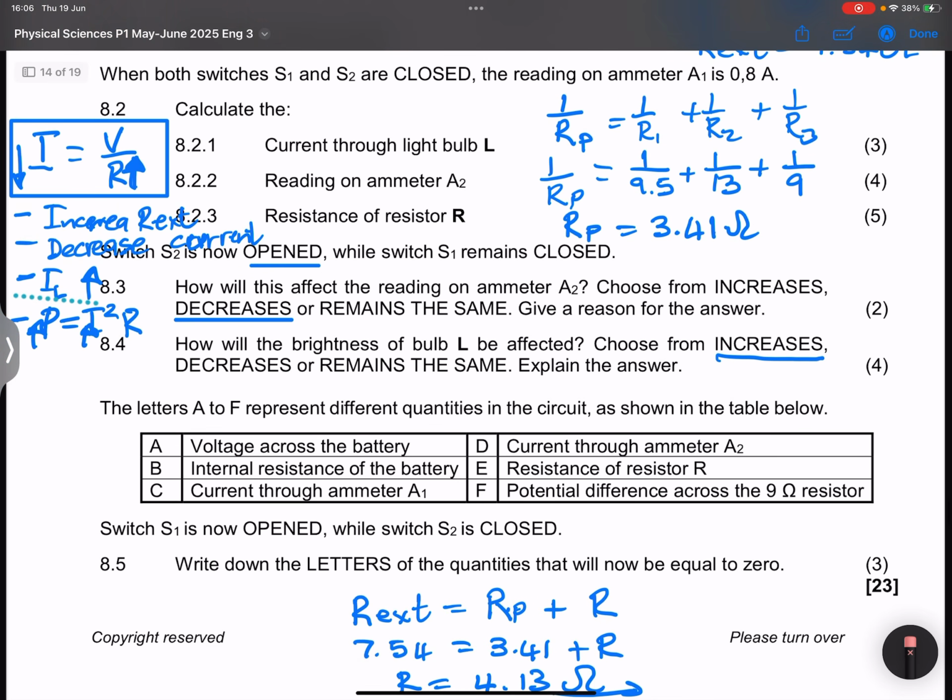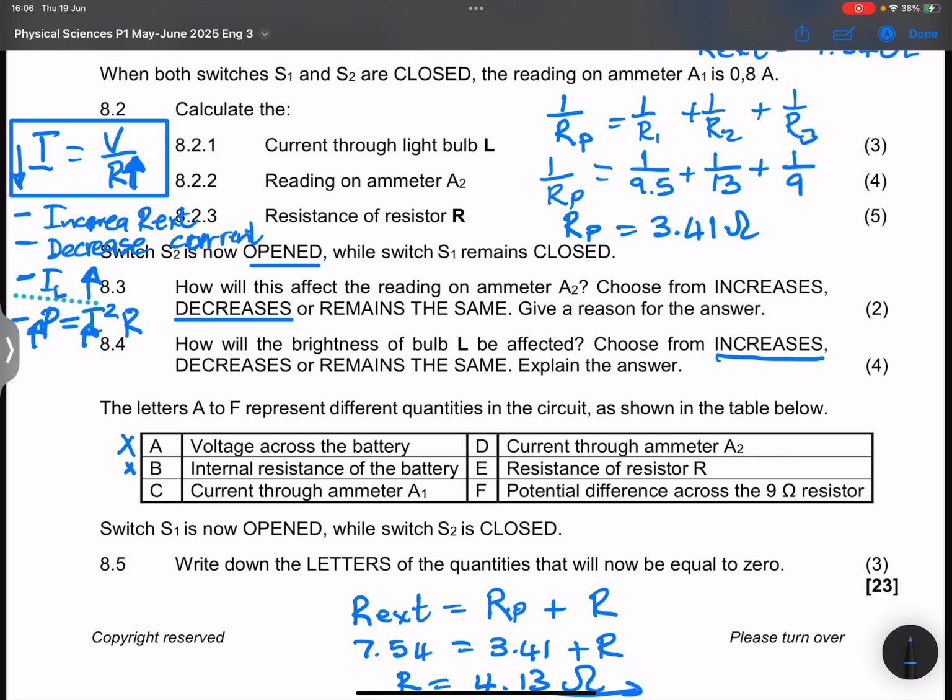So definitely not A. What about B? We've got internal resistance of the battery. Now remember that the internal resistance always remains constant, okay? So it is always there. There are internal collisions happening inside the battery, so that is not zero, okay?